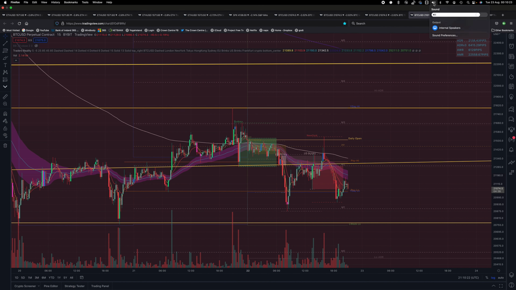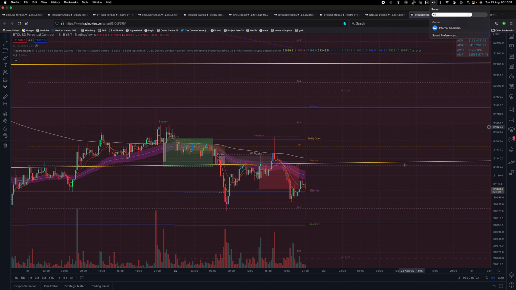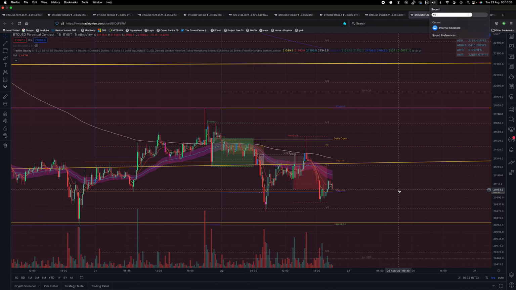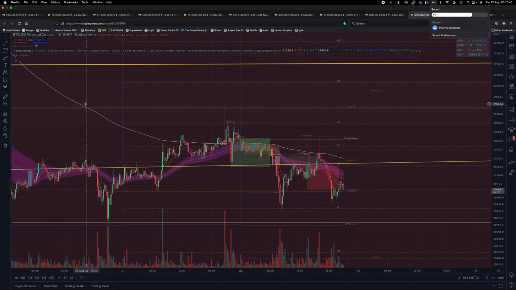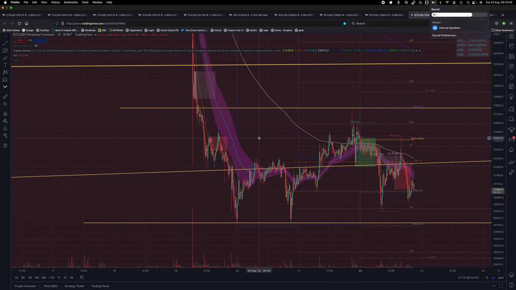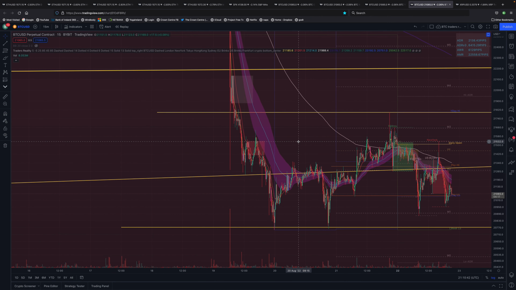I was just curious about, I forgot what you called it, but where the market makers try to stop the spill. The stop volume? Yeah, what does that look like?